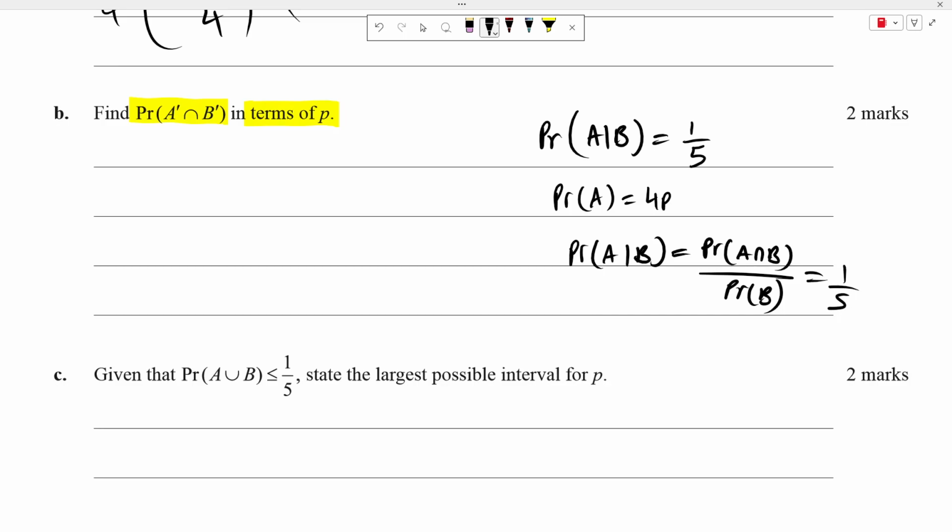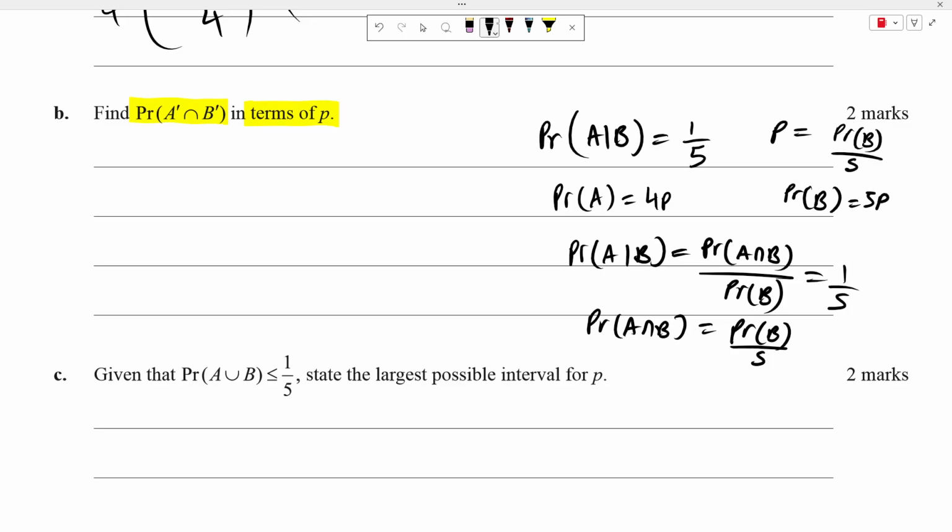Now, if we multiply both sides by the probability of B, we're going to get this. And we know that the probability of A intersection B is just P. That's what the previous part of the question said. So we get P equals the probability of B divided by 5. So the probability of B is equal to 5p. And this is going to be very important.